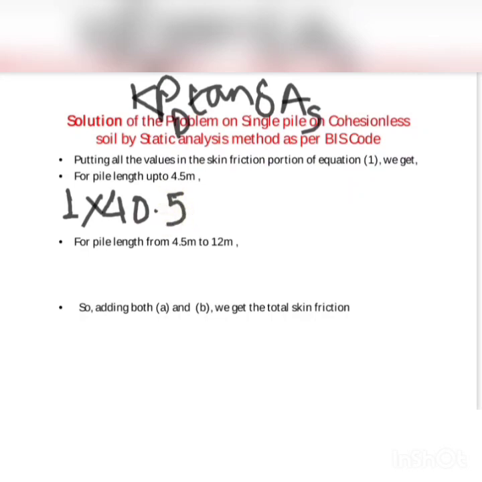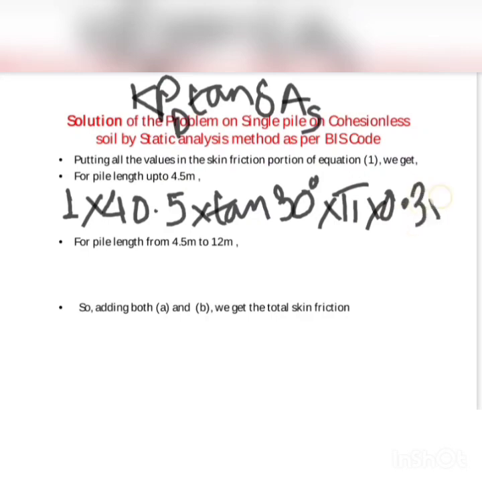Now for tan delta, it is tan 30 degree, and surface area I told you pi into d is 0.3 into 4.5. The length is up to 4.5. Now if you solve this, you will find the value is 99.17.